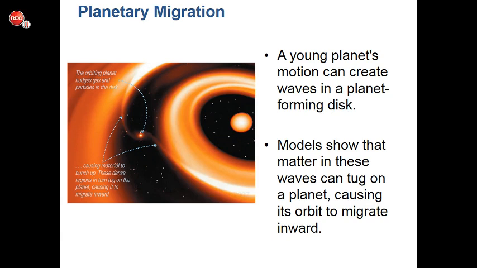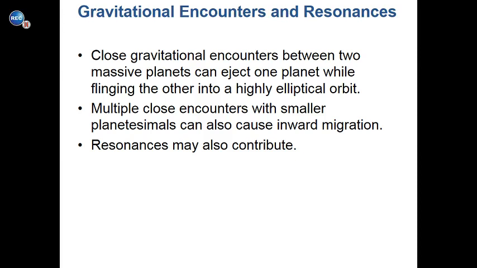The idea is that the motion of the planet can cause it to leak angular momentum. It speeds up the gas in the disk, and it pulls the planet inwards towards the star. So effectively matter in the disk can pull the planet around. There are some ideas, and a lot of this is born out of modeling. You have to set up a model solar system in a computer and see what's going on with it. So there's also gravitational encounters.